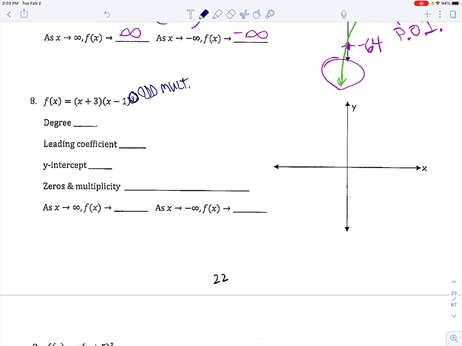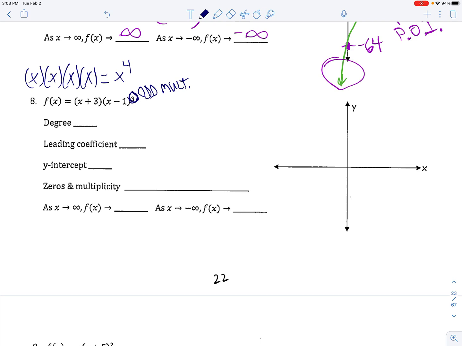So what is the degree of this polynomial function? Well, you've got 3 x's here from x minus 1, and 1 x from the x plus 3.